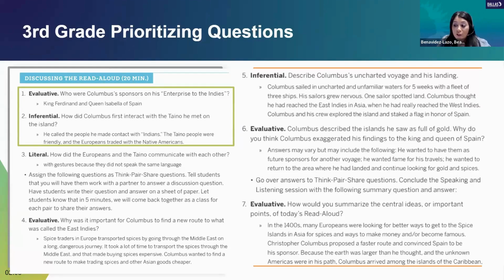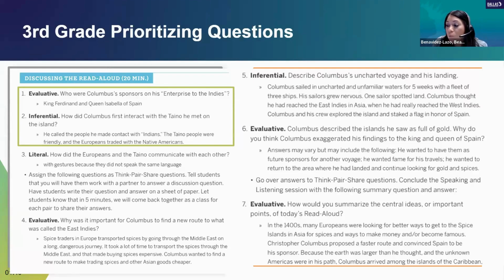So I want them to get that good background knowledge on Christopher Columbus and who actually sponsored his trip, because I think they can transfer that knowledge to their end of unit assessment when they learn about him being a salesman and also still working for the king and queen of Spain. That will provide them with some great background knowledge.